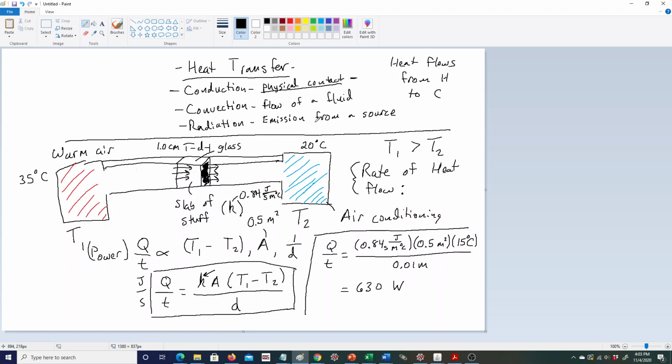Convection is the flow of fluid, and that fluid carrying thermal energy with it. Okay, so this is like air circulating through your home or water that's boiling on a stove. The hot water at the bottom of the pan on a hot stove is going to be warmer than the water at the top that's touching the air.